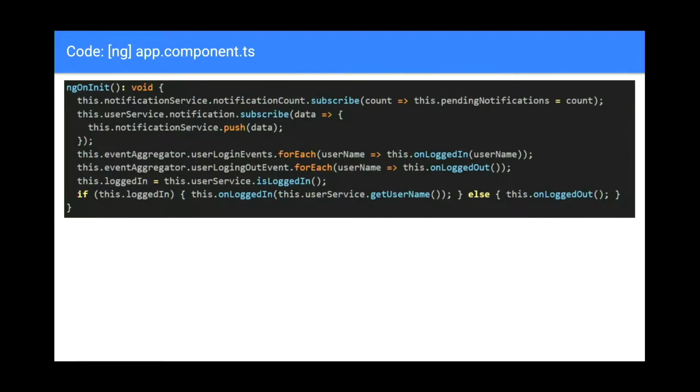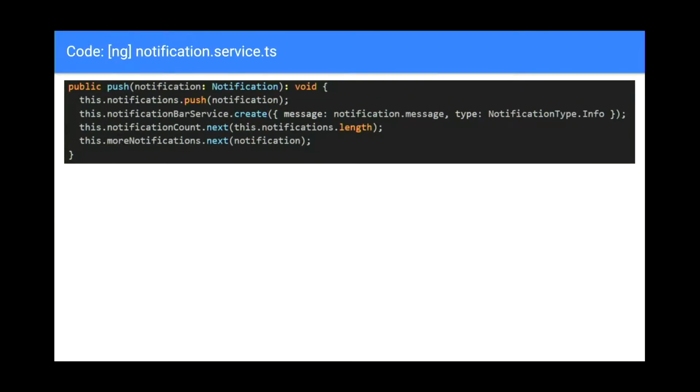Remember I told you about the subjects and the observables? It pushes messages into these subjects. In this case, it pushes an update to the count. In this case, it pushes the actual notification that got displayed in the notification list. And this is the actual push. I had this in reverse order, and that's why it got a little confusing. So when we push the notification in, it pushes the notification count and the notifications.